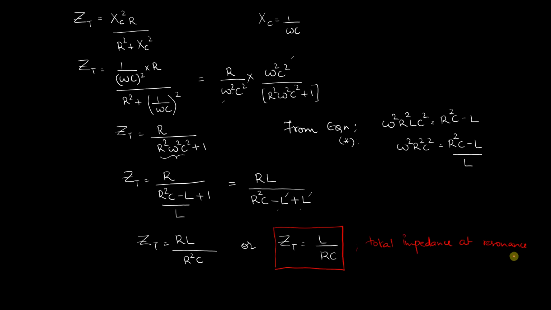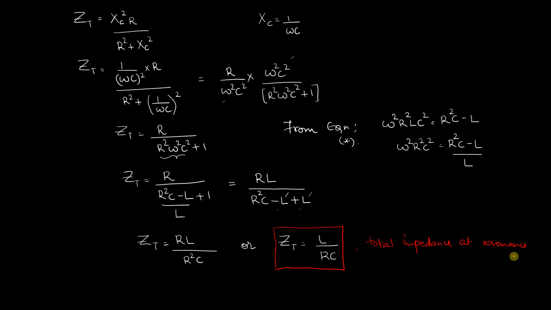Clear? Is everyone clear? So this is the way we have derived it for the other circuits also, the parallel circuits as well. In all of these cases we have obtained the expression for the total impedance of the circuit and the expression for the resonant frequency.